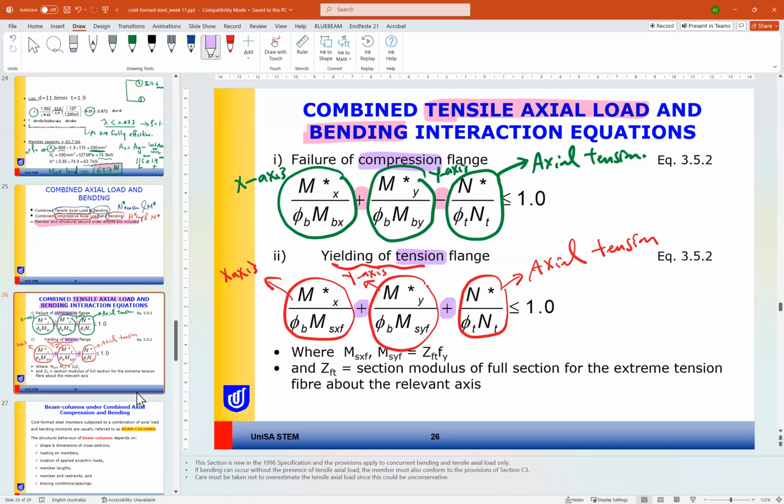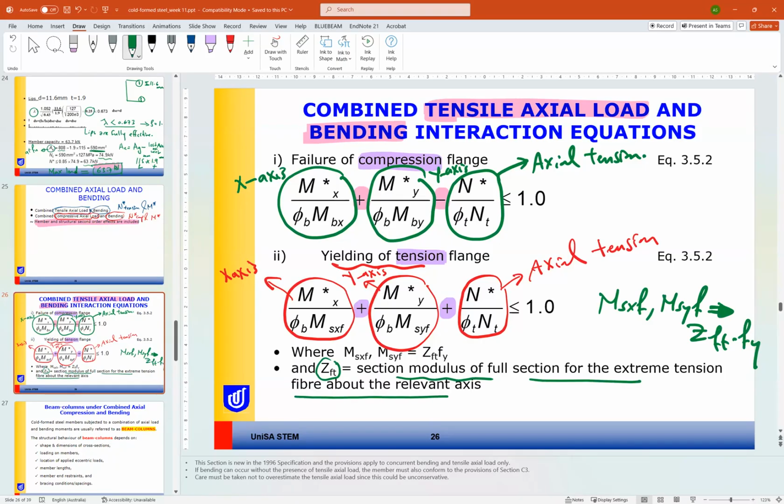Here is the definition of the parameters. MSXF and MSYF are the section moment capacities, and both of them are equal to ZFT times F yield, where ZFT is the section modulus of the full section for the extreme fiber about the relevant axis.